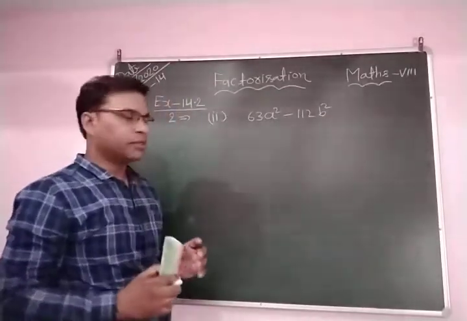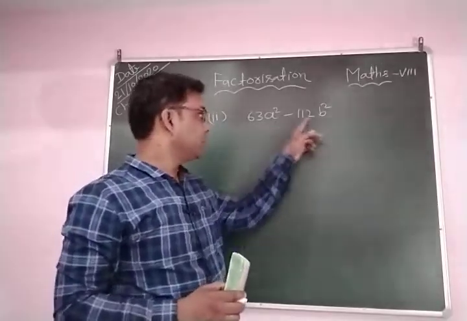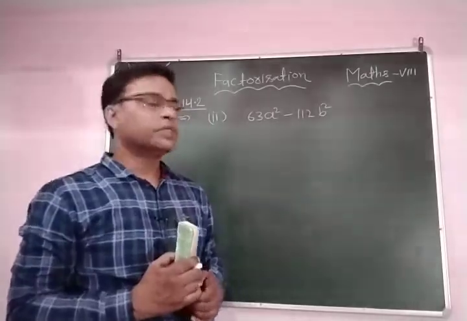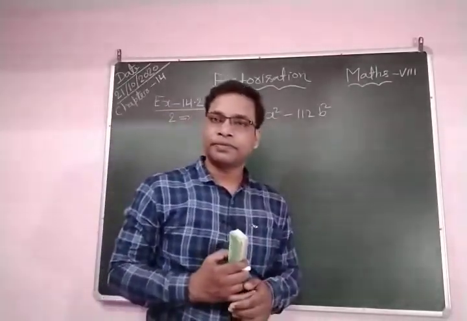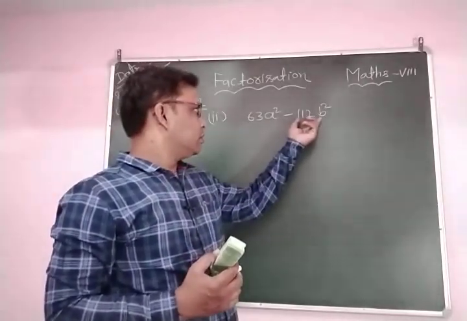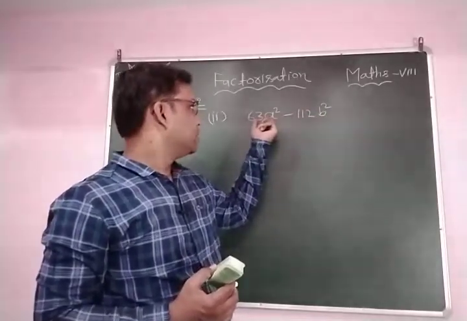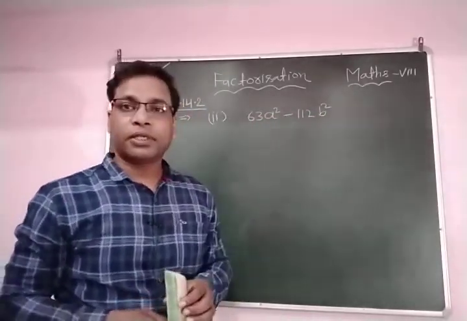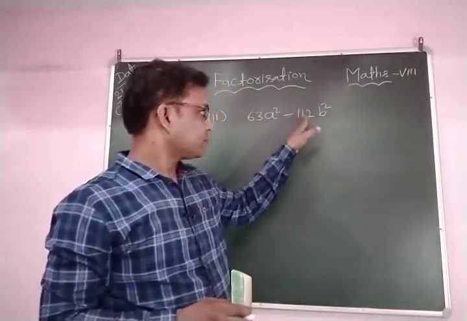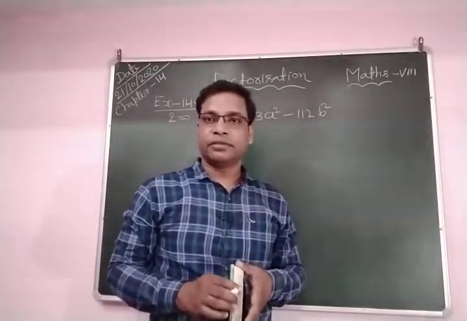So here is a square, here is b square, but 63 is not the square of any number, and 112 is also not the square of any number. Clear? So what I do here: you can see 63 has the factors 9 into 7, and 112 has the factors 16 into 7.